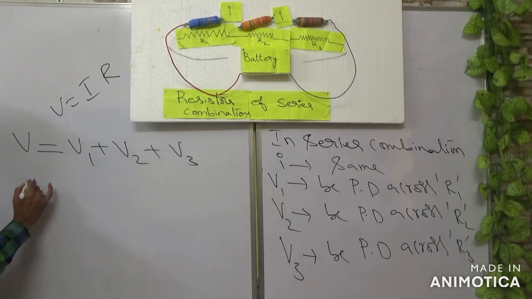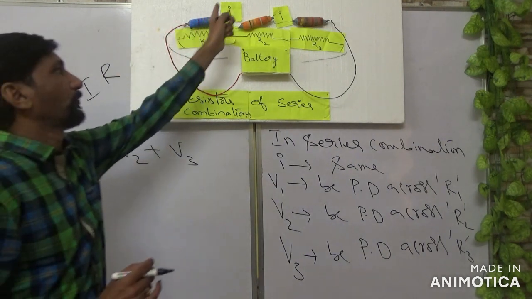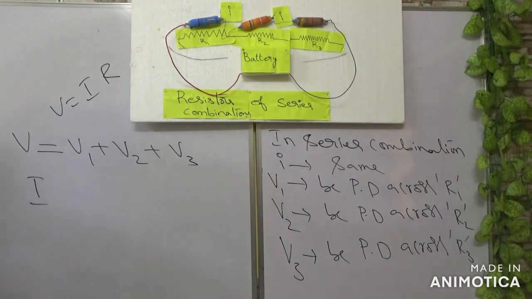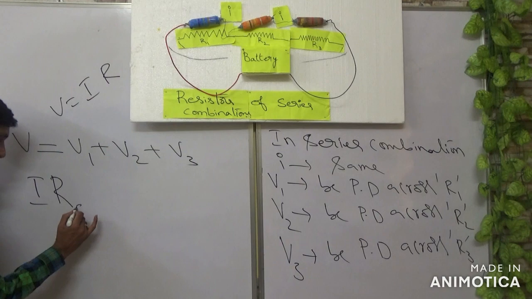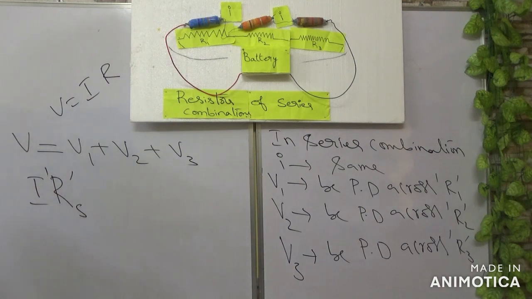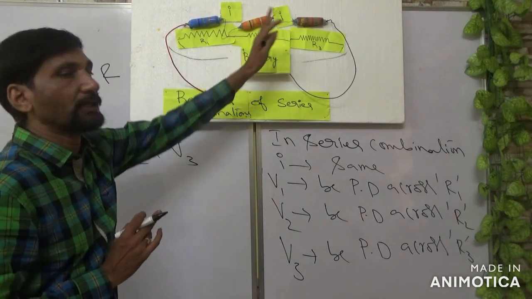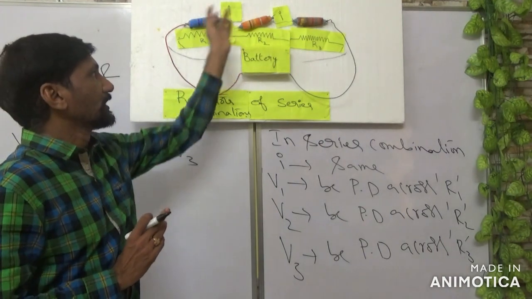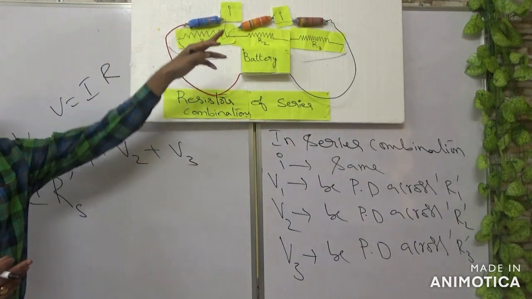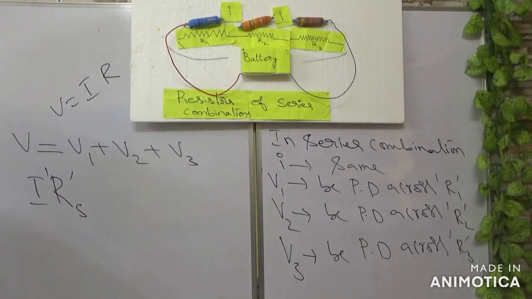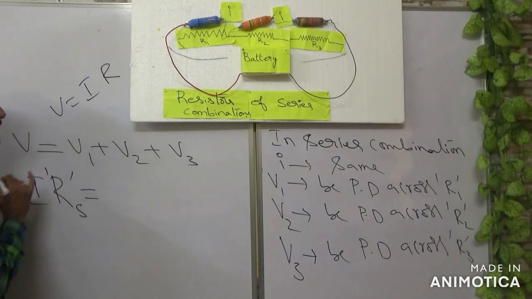Here I is the current flowing through each resistor, and R is the effective resistance. So when you join three resistors in series combination, the effective resistance offered by them is RS.